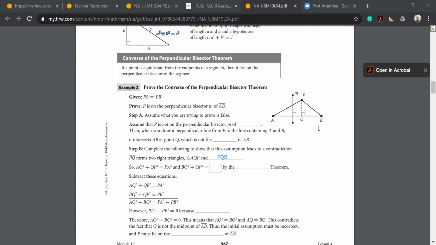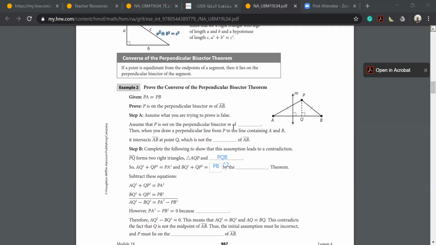Let's do the other part. In the other triangle, where is C? PB is C, because it is the one in front of the right angle, the hypotenuse. So let's write the rule. PQ square plus QB square is equal to, what should I write here? PB square, right? You have to write the square up here, please, like a power of 2.